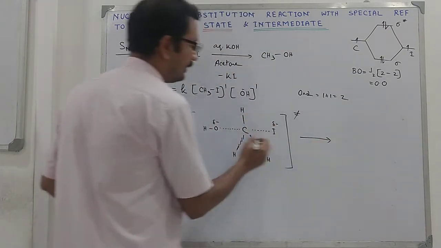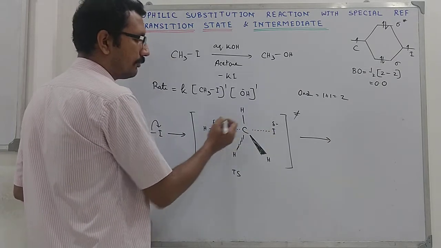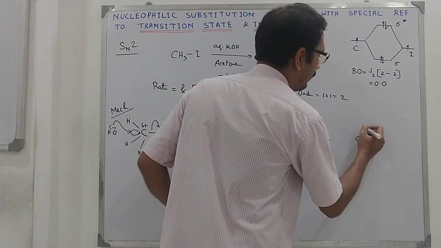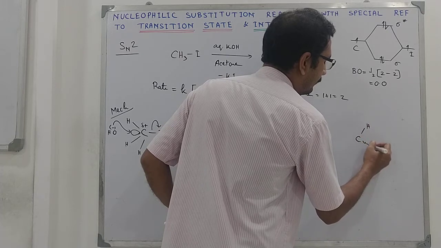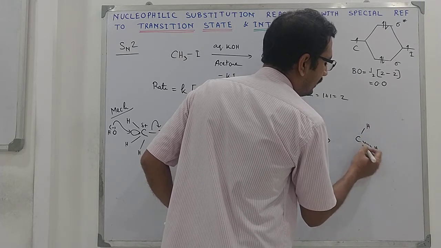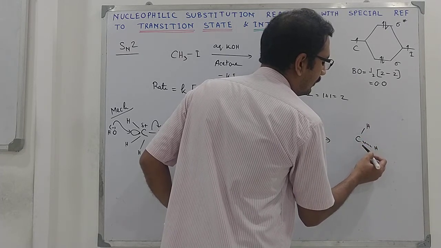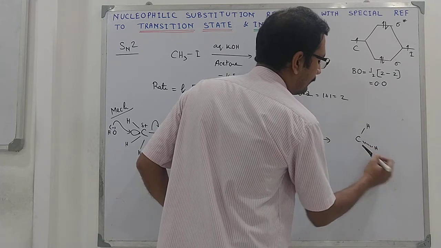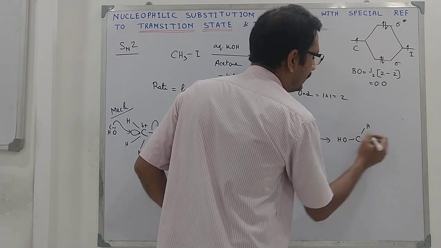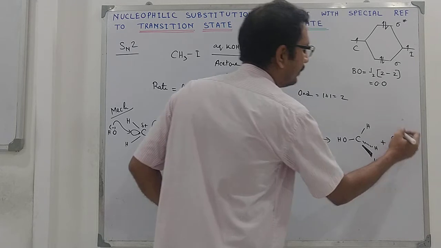Now when this detachment and attachment completes, we will have an inversion. Here it will not be noticed since it has no chiral center, and we will have methanol and this leaving group here.